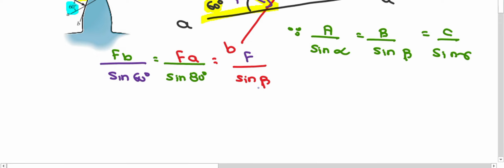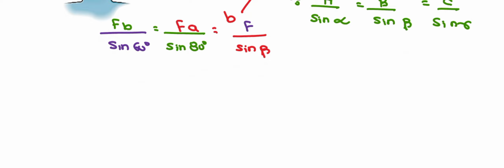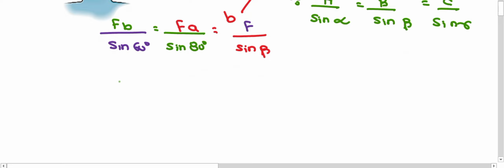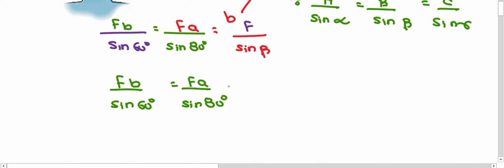We know the value of F according to the question, and that is 20 pounds. So this becomes FB upon sine 60 degrees, equal to FA upon sine 80 degrees, equal to 20 upon sine beta.